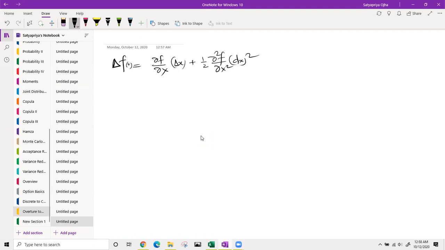Let me write delta everywhere. Other terms you can ignore for now. So this is the Taylor series expansion.